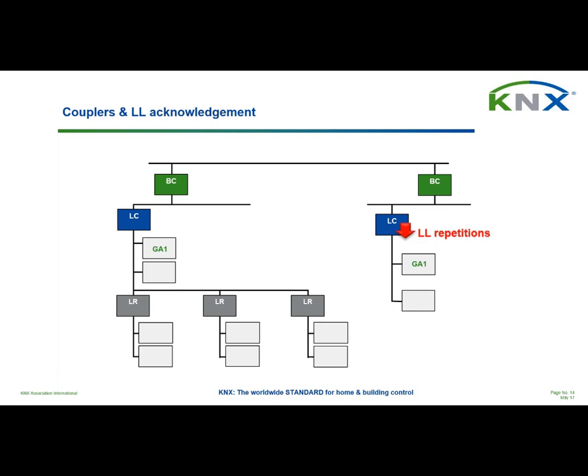The acknowledgements as such are already an optimization, but it's especially when repetitions are required that we see an important role of couplers in bus traffic optimization. So not only the filter tables, but also the link layer acknowledgements and link layer repetitions.